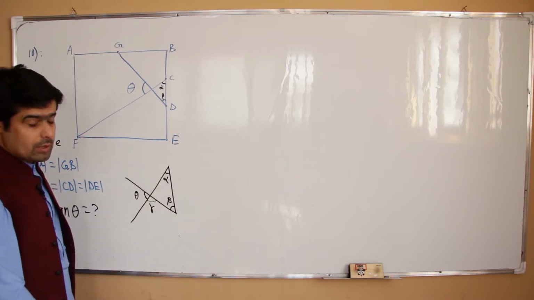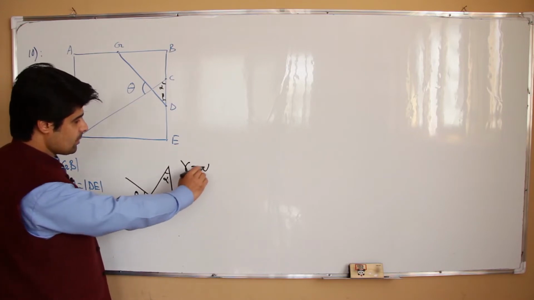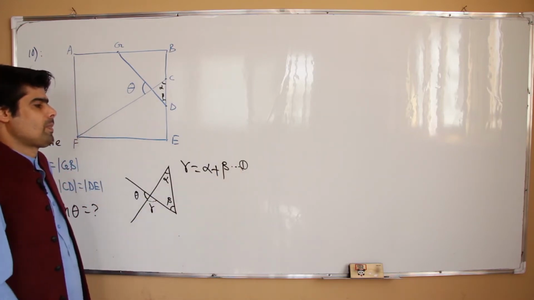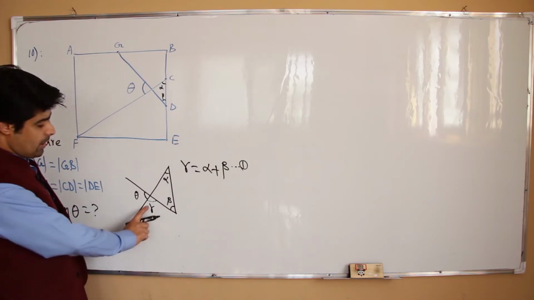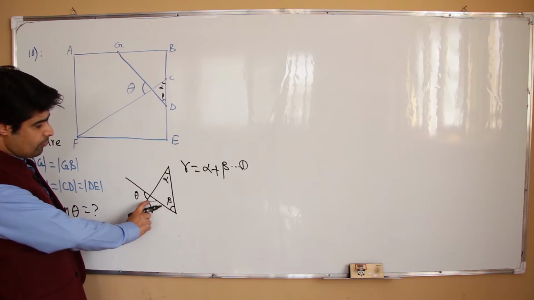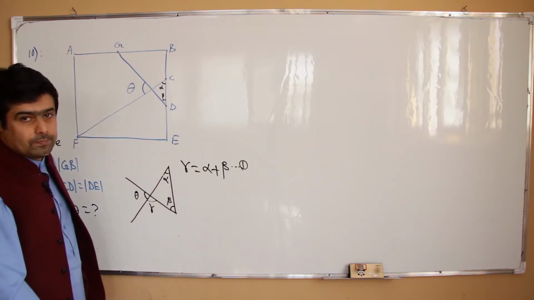Am I right or not? Yes. I mean that gamma is equal to alpha plus beta. This is our first equation. Gamma is an external angle for this triangle, which is alpha plus beta.